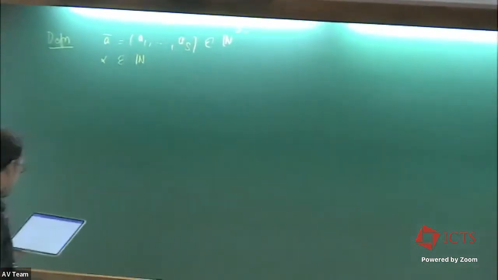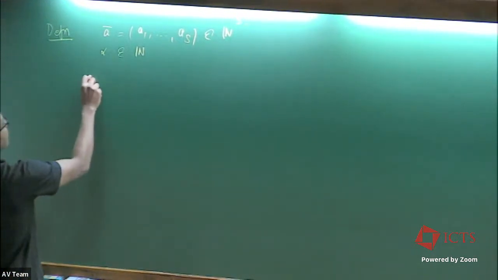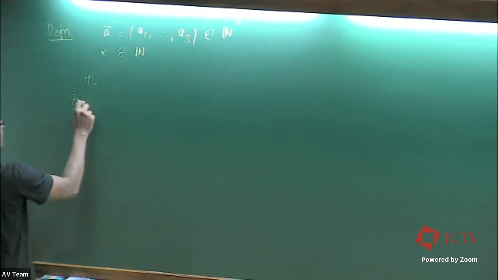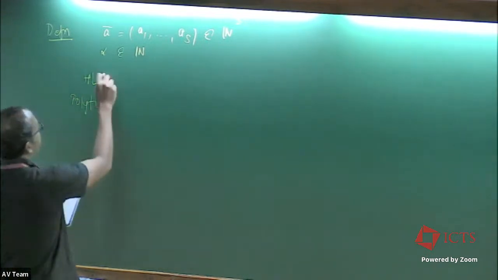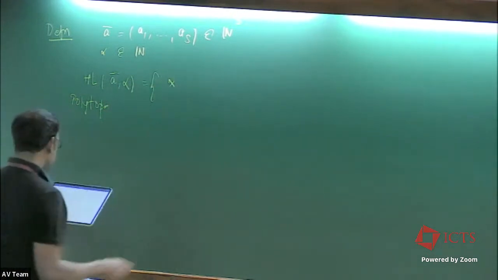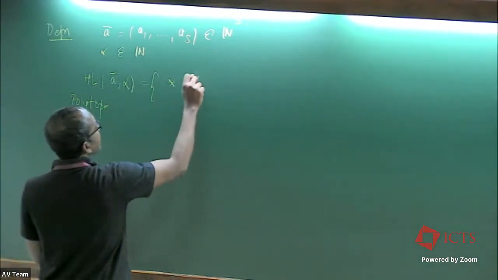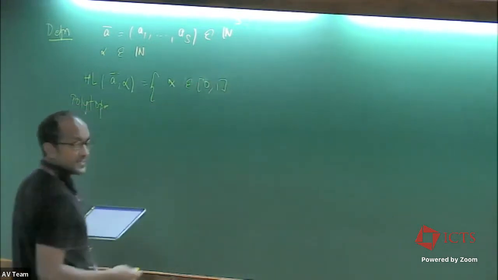Now I'm going to define the following polytope, which is defined in the following way. It is going to be a subset of the unit cube.